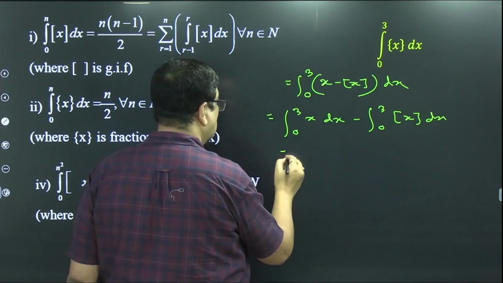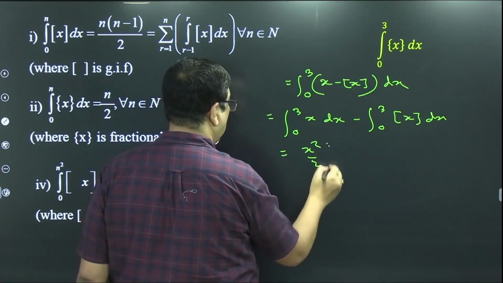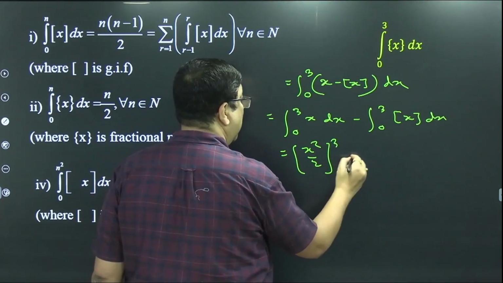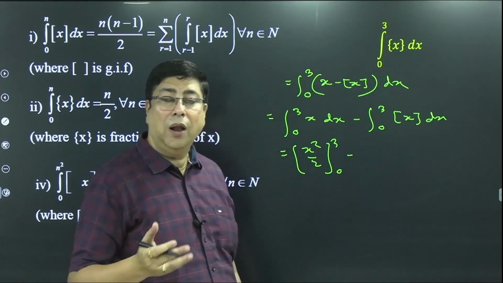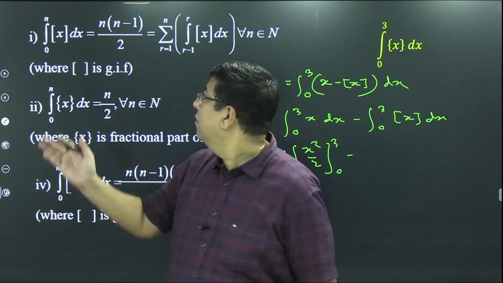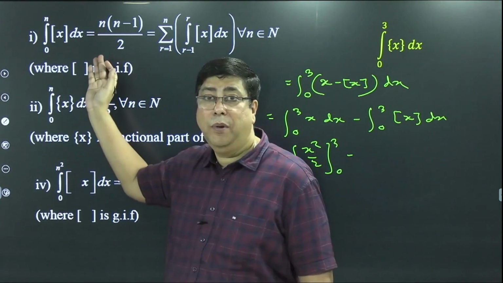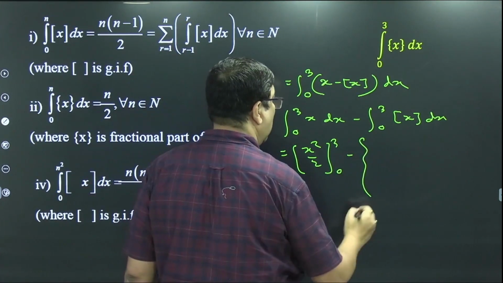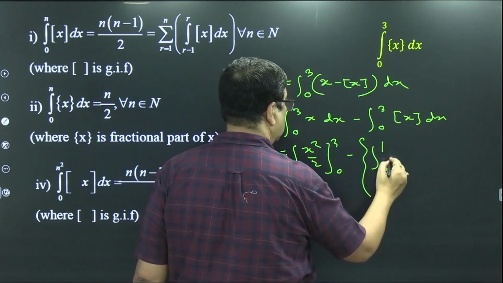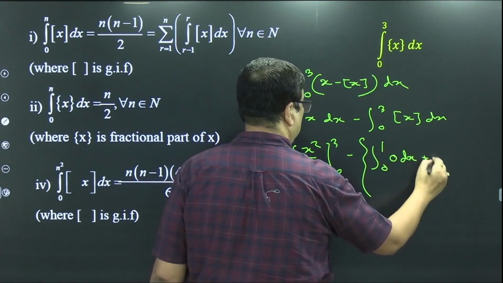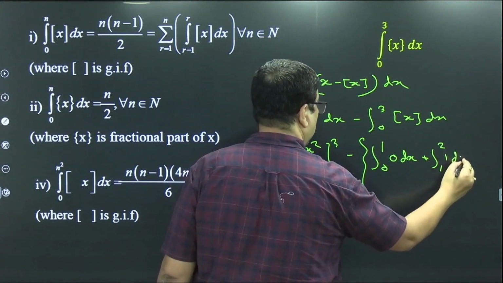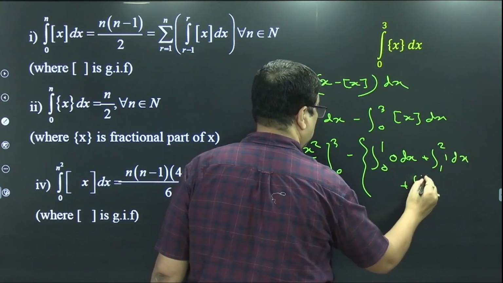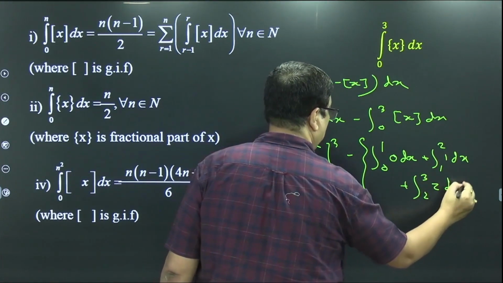Integral 0 to 3 x dx is x square by 2 with upper and lower limits, and for 0 to 3 box x, we split into 0 to 1, 1 to 2, 2 to 3, like that. Otherwise we can apply this formula. Everybody must remember it, an extremely useful formula. I am showing you the way: from 0 to 1 this is 0, from 1 to 2 this is 1, and from 2 to 3 this is 2, dx.